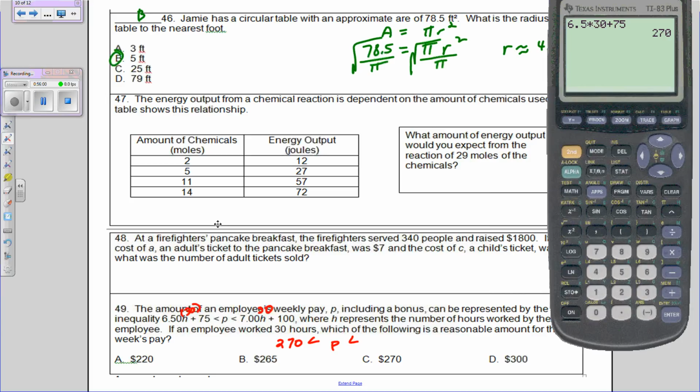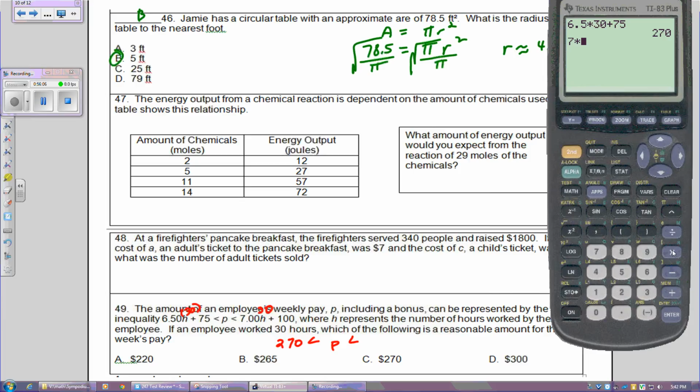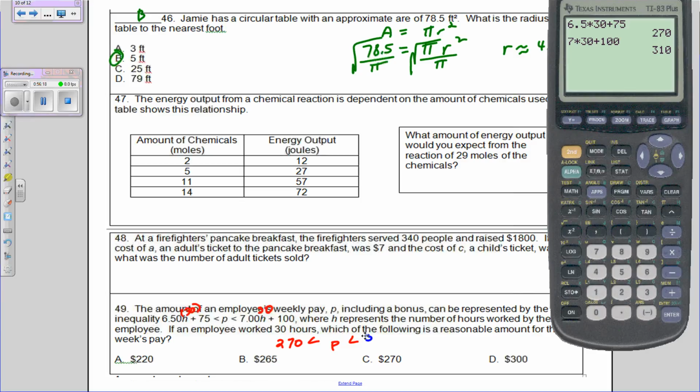And then for the highest, we'll do the same thing, but with the 7 times 30 plus 100, a little bit higher bonus, is 310. So we want to know what number falls between those, or the closest to the middle.